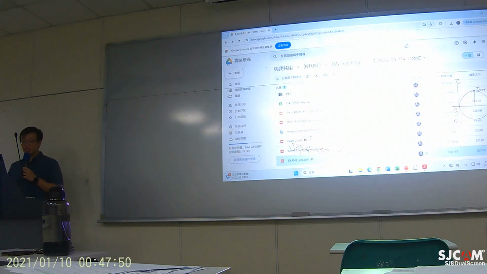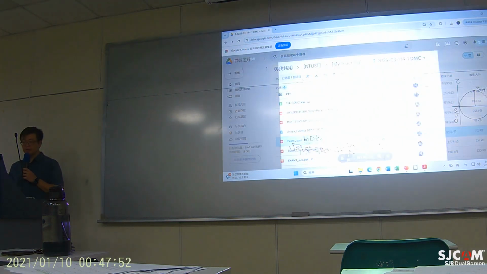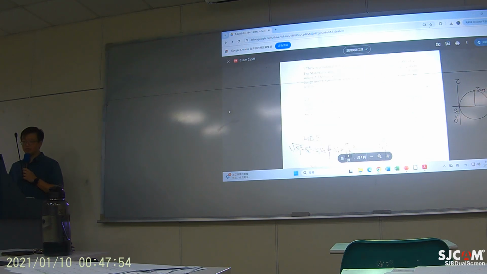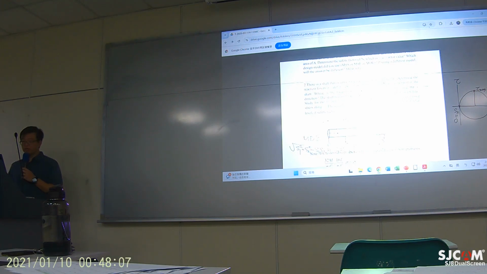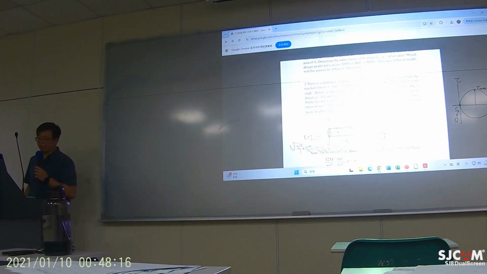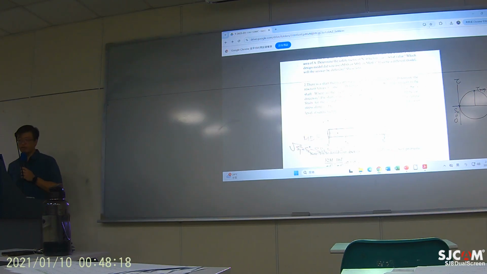Now, let's take a look at the second problem. So there's a shaft that is carrying a load F located at one third of the entire length, and then the load is F. Determine reaction forces R1 and R2.